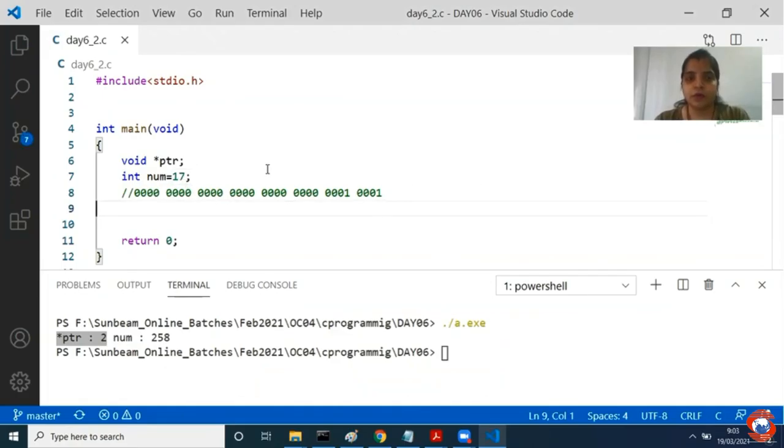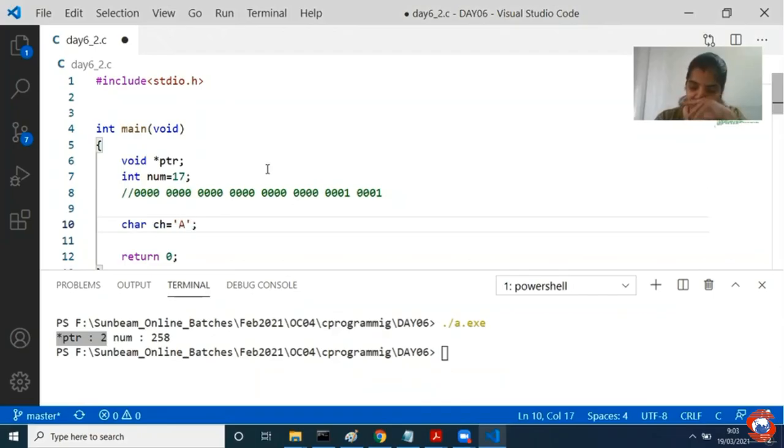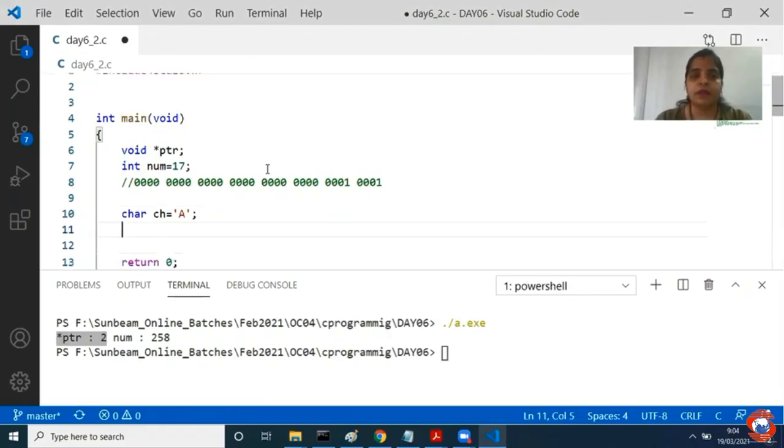Now, besides integer, let us say I have one character ch equal to a. Let us assume I am storing some value in the character as well. Now I wish to store the address of num, so by rule I have to declare an integer pointer.